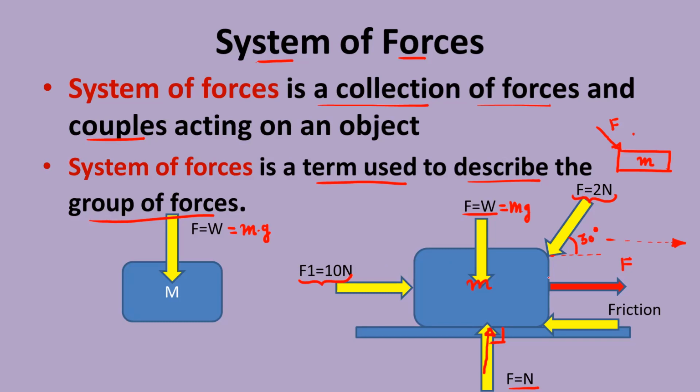So when this object tries to move to the right side, this surface will offer the frictional force. This frictional force will try to oppose or resist the motion in the rightward direction. So at this contact, this is the frictional force, Fr.